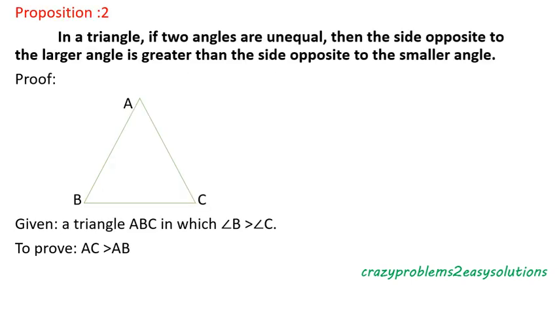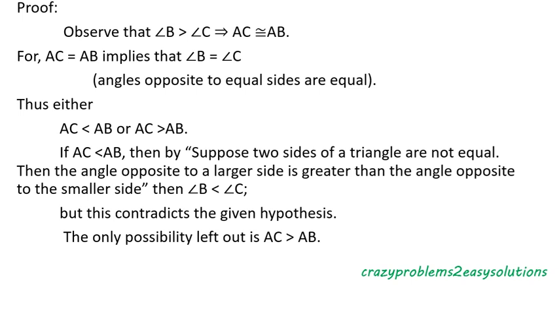Suppose AC equals AB, which implies the angles are also equal, because opposite angles of equal sides are equal. So for the proof we are considering AC equal to AB.